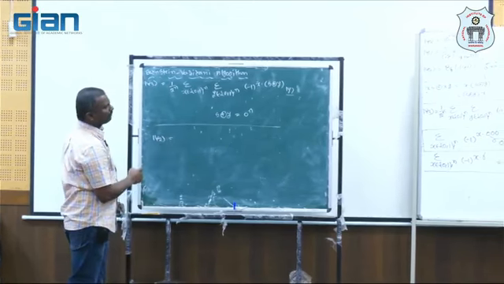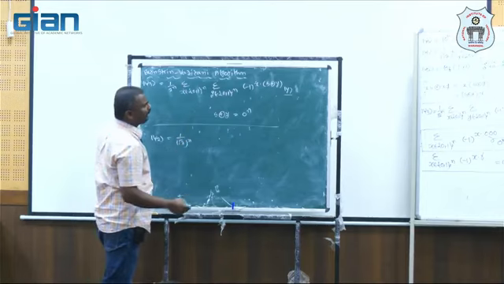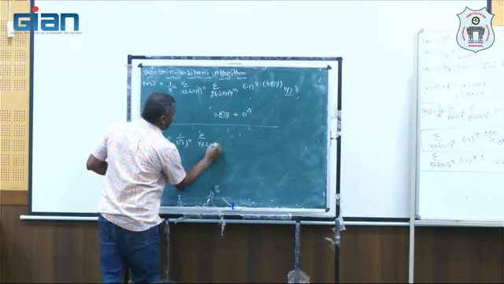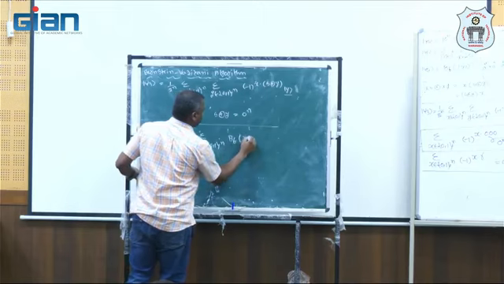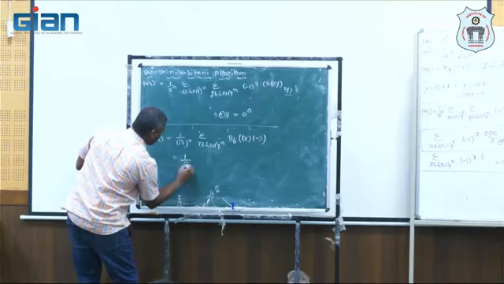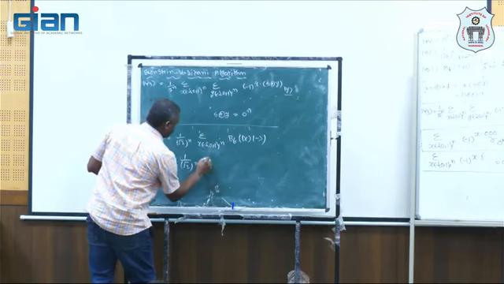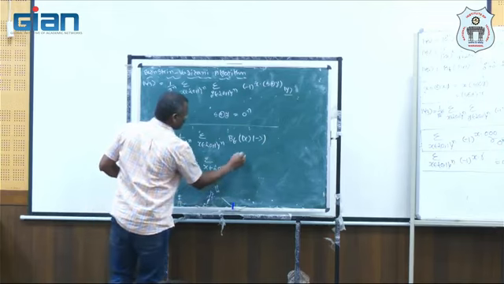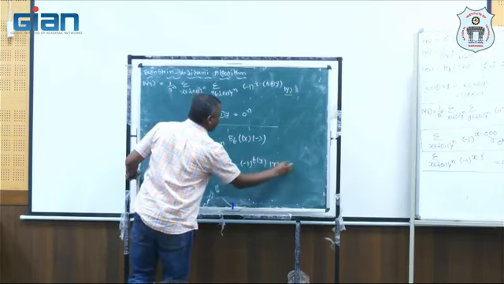Psi 2 is 1 by root 2 whole power n, sigma x belongs to 0,1 power n, ket x ket minus. What is this value? 1 by root 2 whole power n, sigma x belongs to 0,1 power n, minus 1 whole power f of x, ket x ket minus.